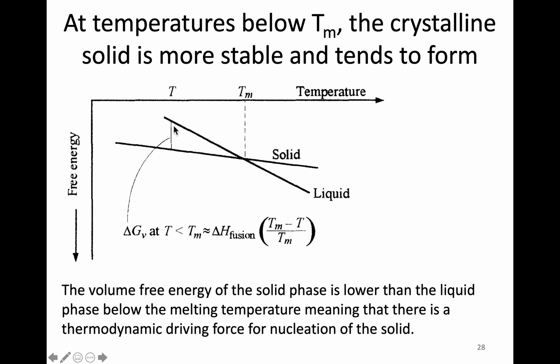The gap between the two curves gives us a driving force for the nucleation. The more different they are, the higher the driving force for this reaction to occur. That's what the volume free energy term is. It gets bigger as the temperature gets lower, as the undercooling gets higher. The undercooling is the difference between the two temperatures.